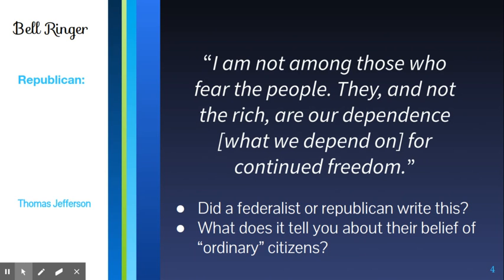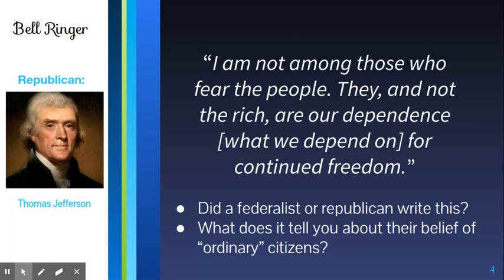Okay, here's another quote. As you can see, it popped up and said Thomas Jefferson, Republican, so there's the answer. "I am not among those who fear the people. They, and not the rich, are our dependence for continued freedom." So what does this tell you about their belief of ordinary citizens?